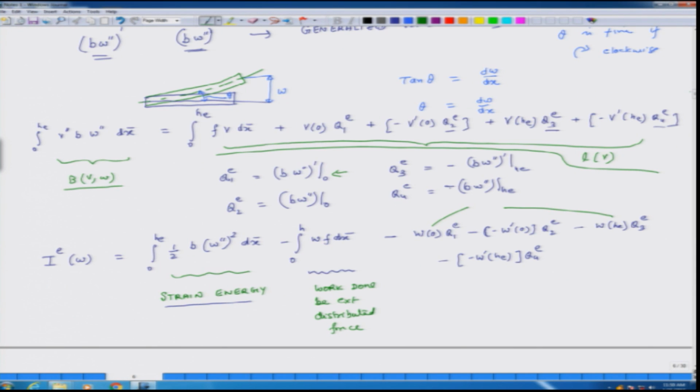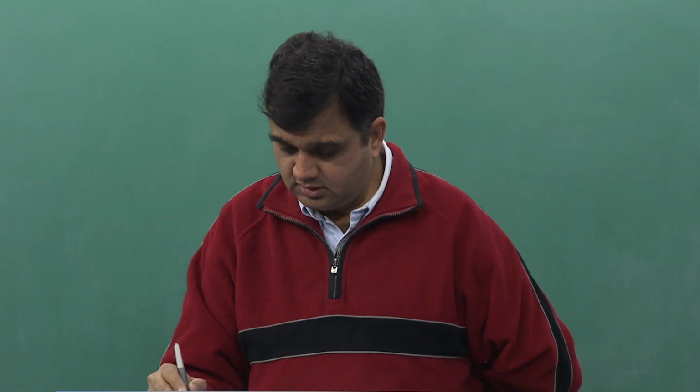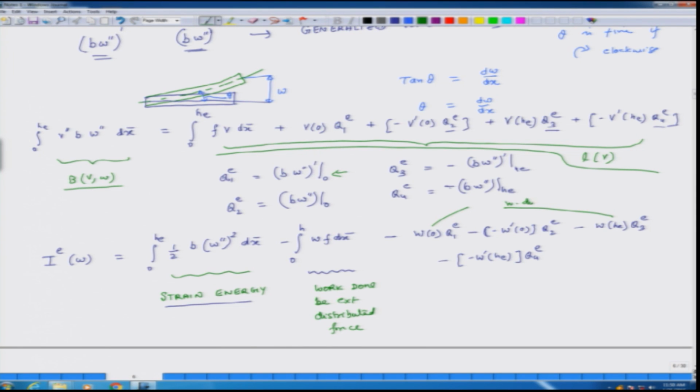So this is the shear force, and if I have an external point force, shear force, and at that point the deflection is W at 0, then that is the work done because of that particular shear force, right. So this is work done due to point forces.